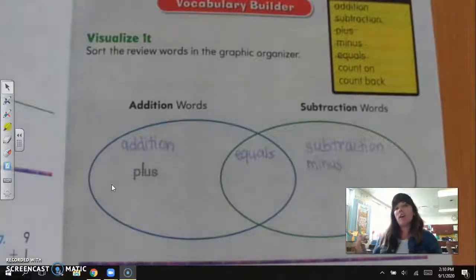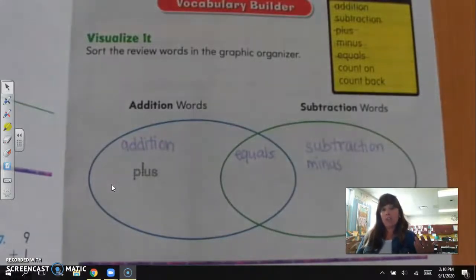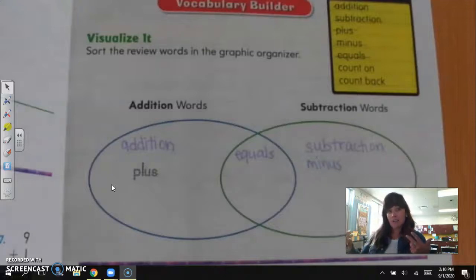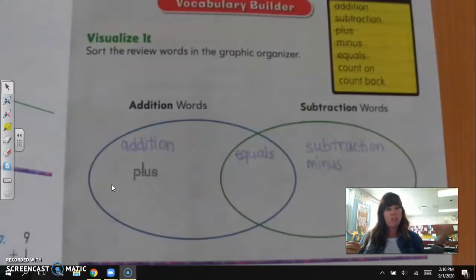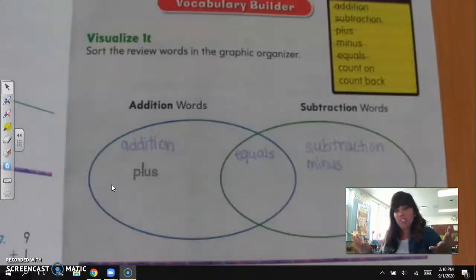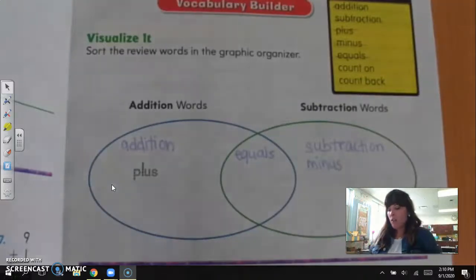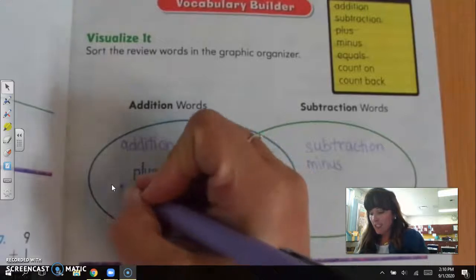Count on. Okay, if I am counting on to help figure out the answer to a problem, am I going to be adding? So counting on, it means you're counting up, right? Or am I subtracting if I'm counting on? Probably addition, right? So I'm going to put count on here in the addition.